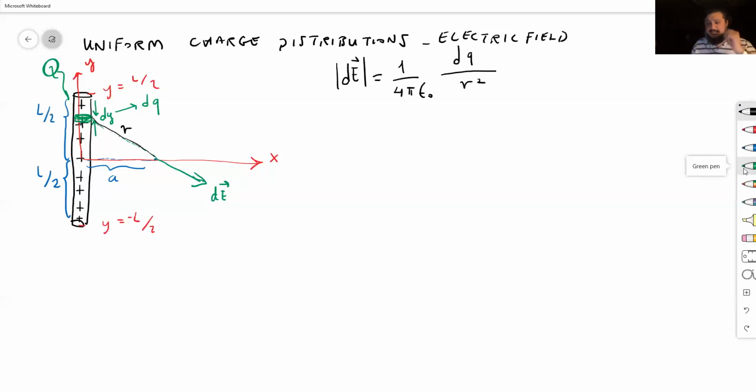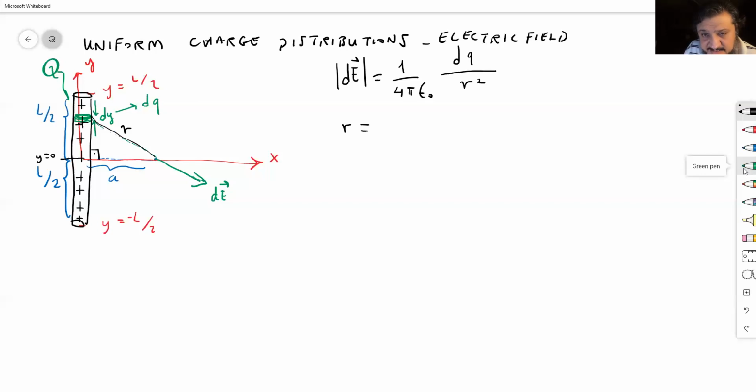All right, so that's dE. Now, what is r? We have a right triangle here. This side is A, and along this direction, since this is where y is 0, this point is y away from that origin.